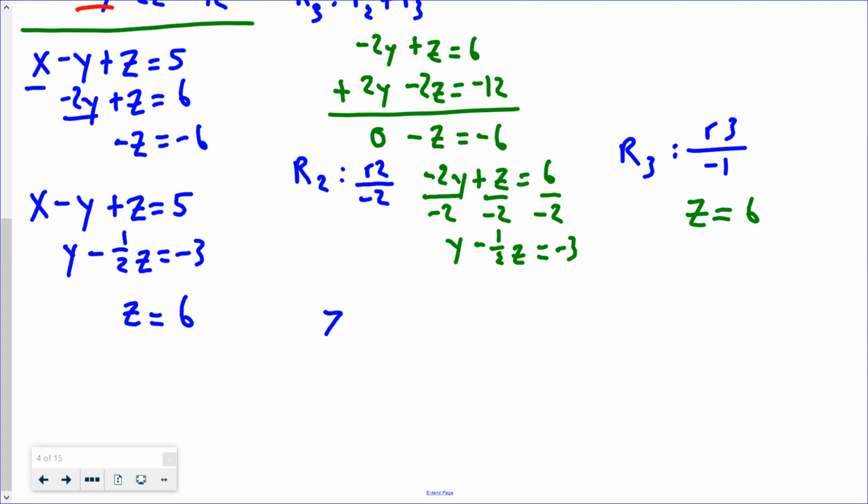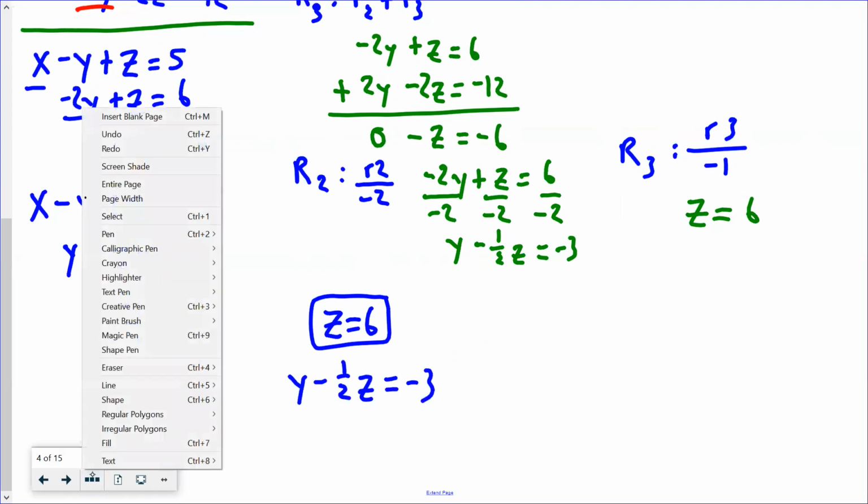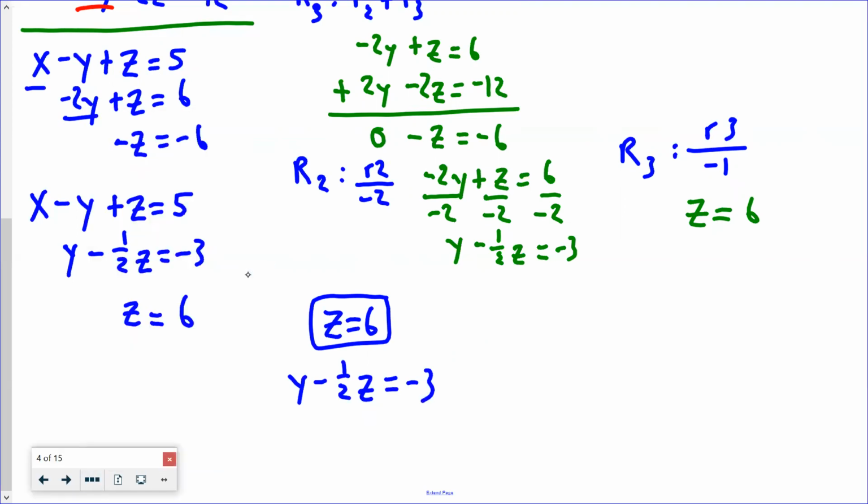So to start off, we know z is 6, right? Well, now let's plug that into our second equation, okay? Our second equation said y minus 1/2 z is equal to negative 3. Well, now instead of z, I'm going to plug in 6.